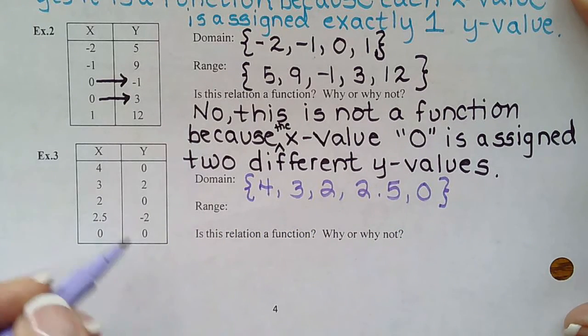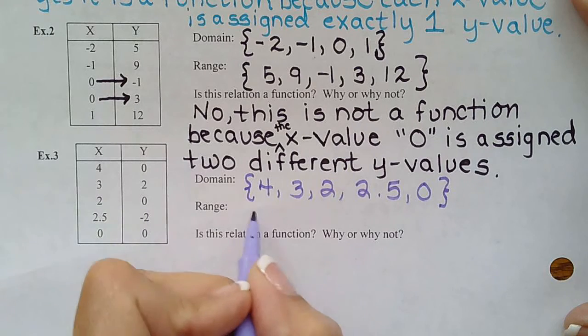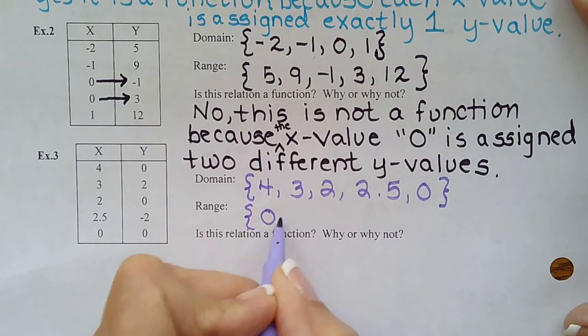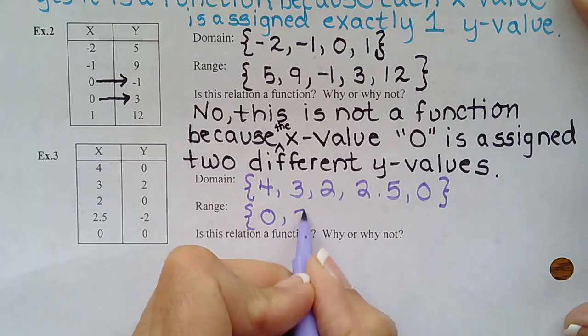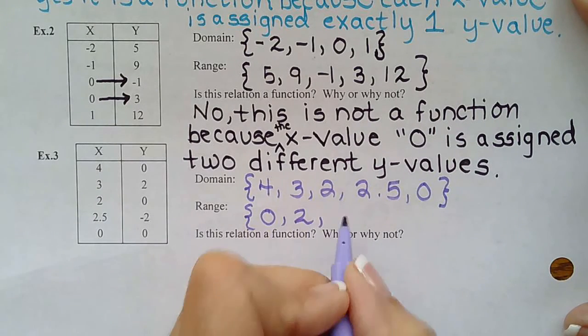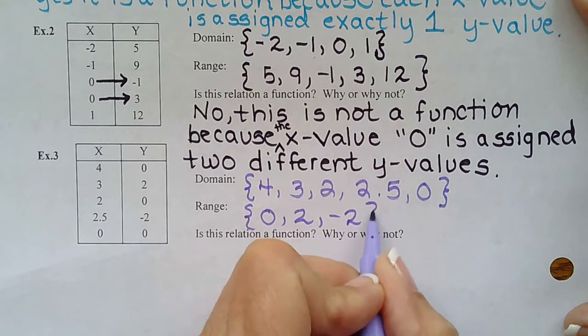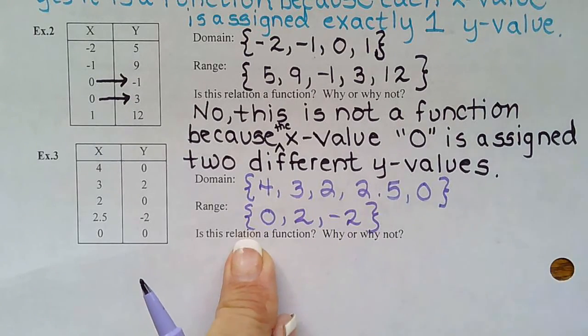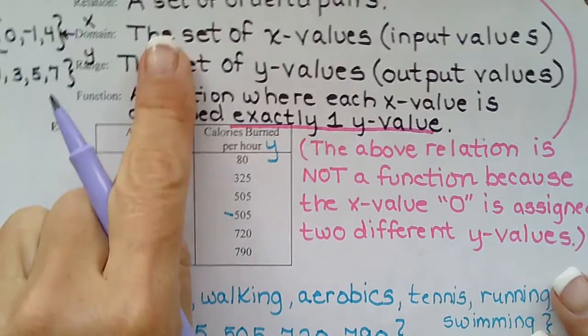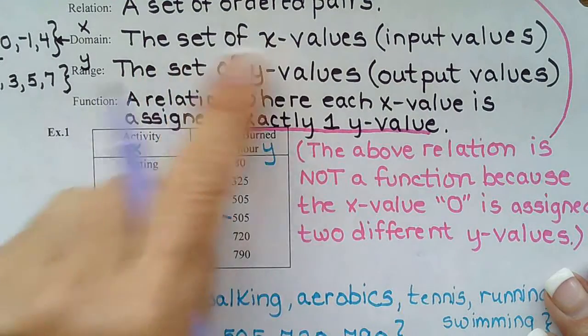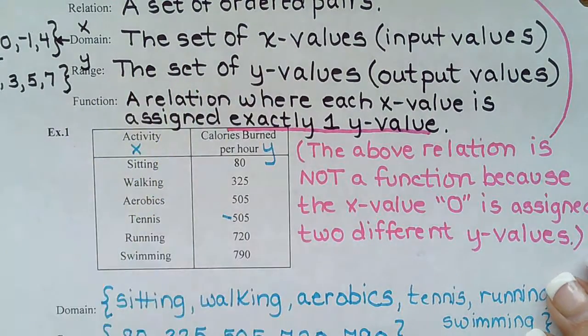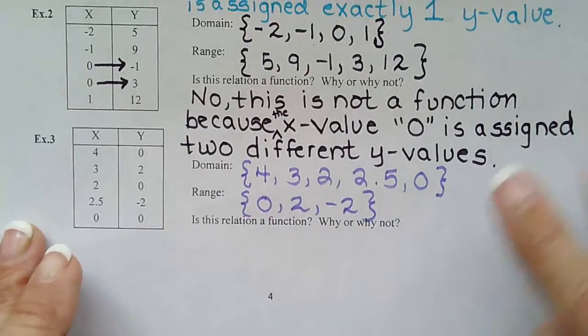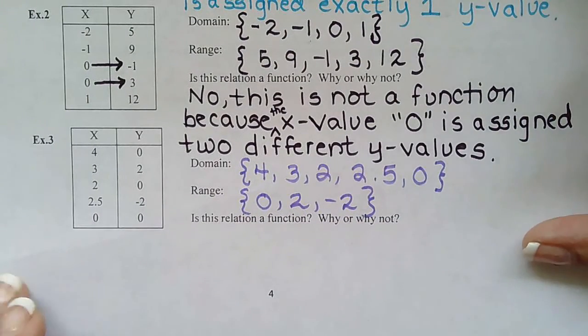The range, I see 0 repeated, so I need to only write it once. Then I have a 2. Skip that 0, then I have a -2. And remember, don't forget the set symbols because the definition up here says it's the set of x values or the set of y values.